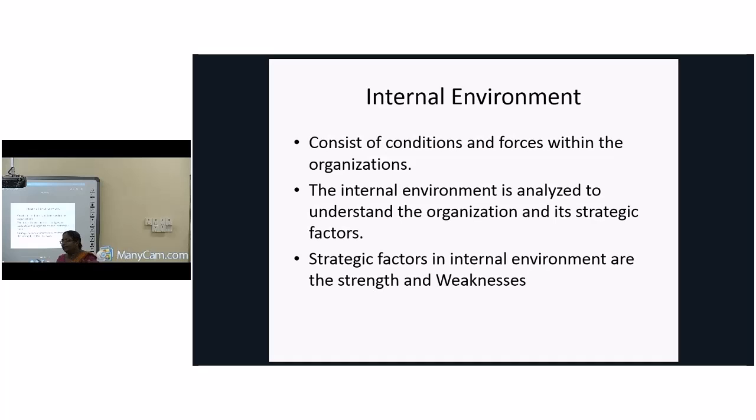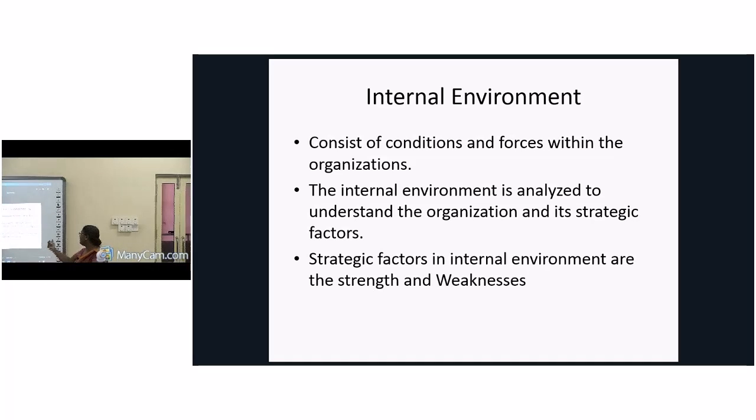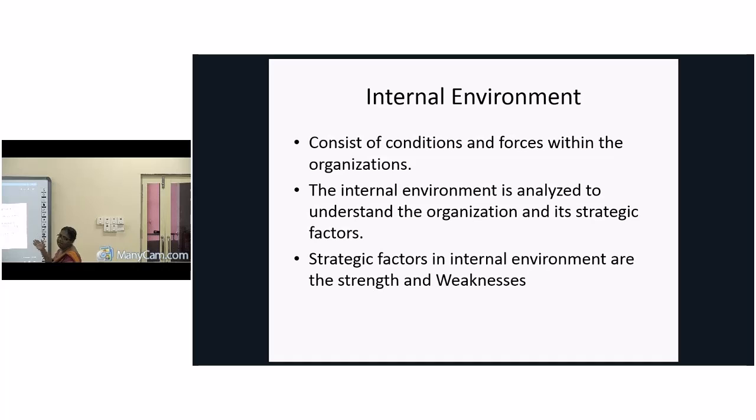In general, when speaking generally, we say these are environmental elements, right? But in strategic management, we call these elements strategic factors. Understood? Strategic factors in the internal environment are strengths and weaknesses.